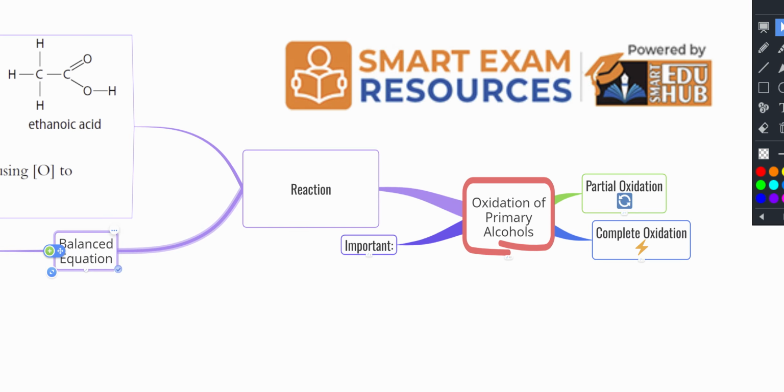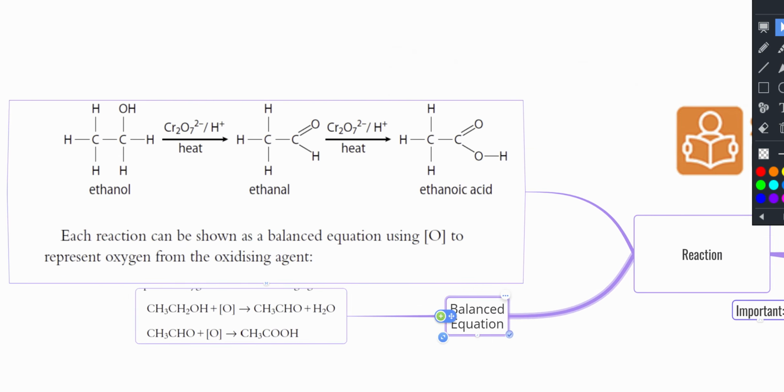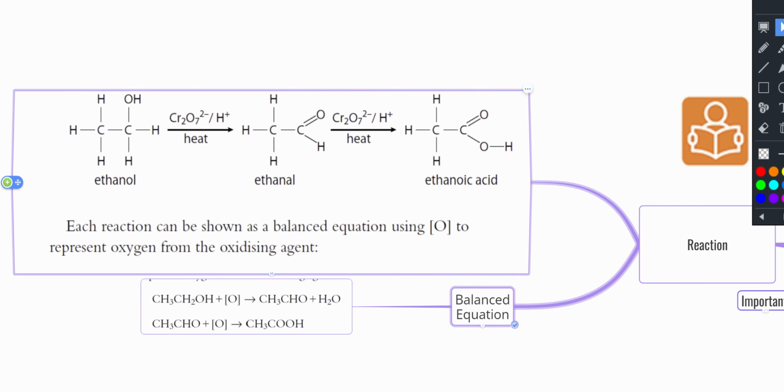Whenever you want to get only the aldehyde from this reaction, you need to see that this reaction stops at the aldehyde. It should not continue further, and it should not completely oxidize the ethanol into ethanoic acid. So how do you stop this? As you can see in both the reactions, acidified dichromate ions are being used.